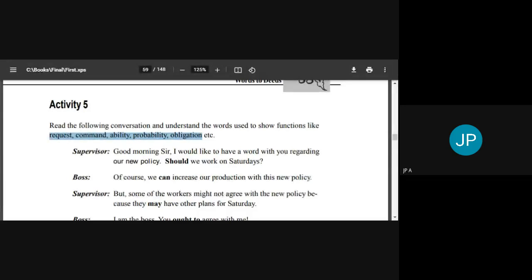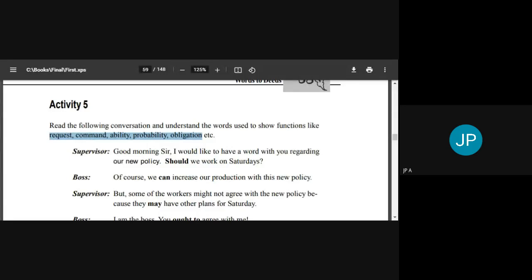But when I say I can swim, here it is ability. It is an ability in I can swim, but when I say can I come in, I'm actually making a request. So do you see the difference? Yes, Trishna, it is an ability when I say I can swim. But when I say can I come in, it is making a request, asking for permission.